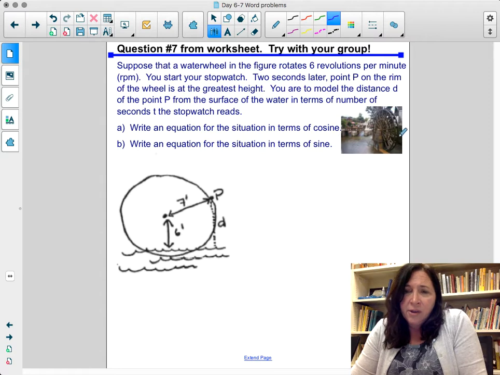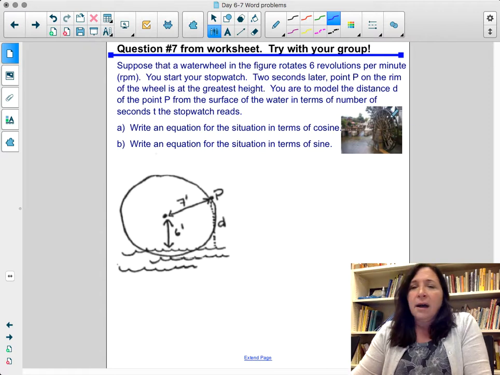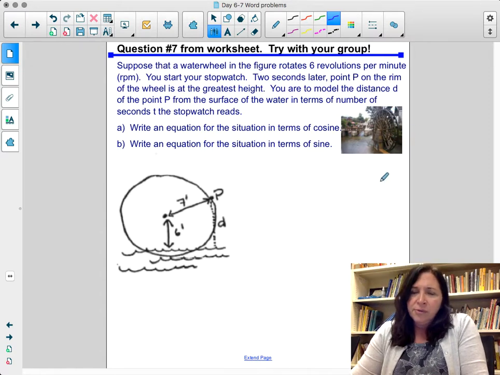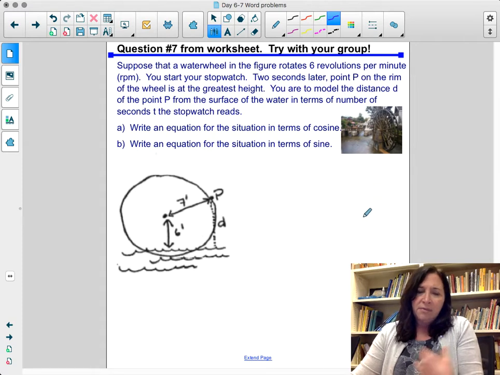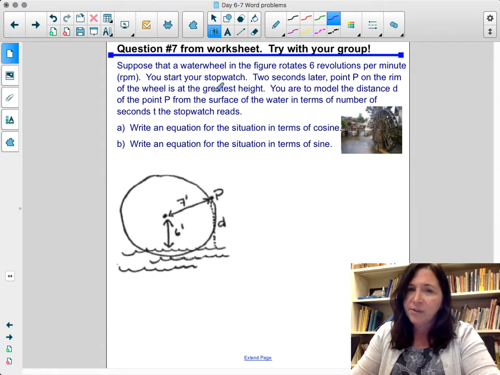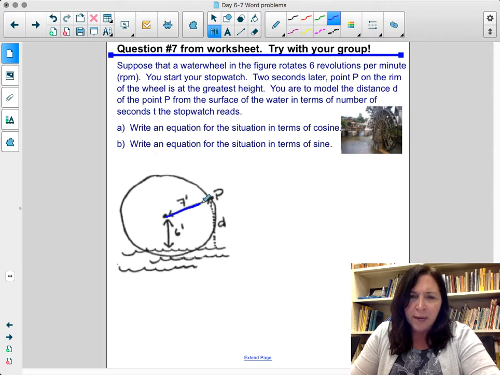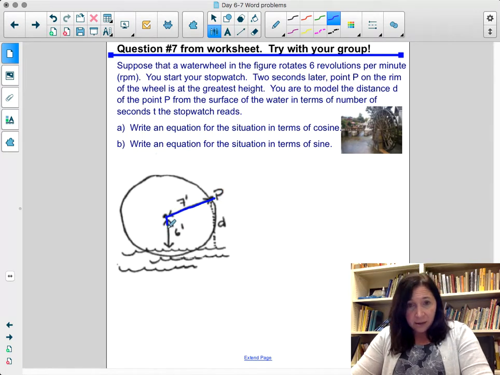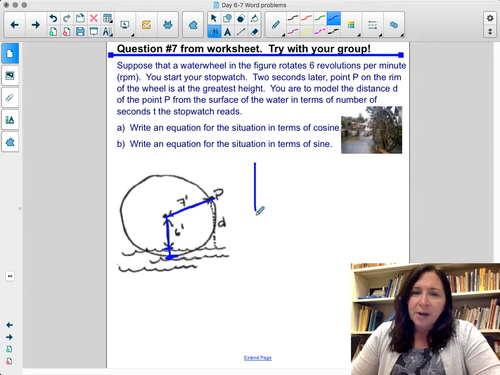You can make electricity, but mostly you use them on the old boats and they make you go forward or backwards. So this water wheel has a radius of 7. So that means that my wheel is actually going underwater 1 foot. Okay, so let's make our graph.